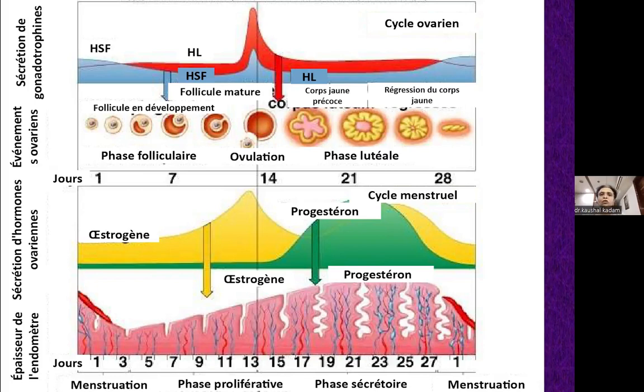Okay, so what is luteal phase defect? Luteal phase defect is a controversial entity since its description as a clinical entity way back in 1949 by Jones. It is characterized by inadequate endometrial maturation due to a qualitative and quantitative disorder in the corpus luteal function.